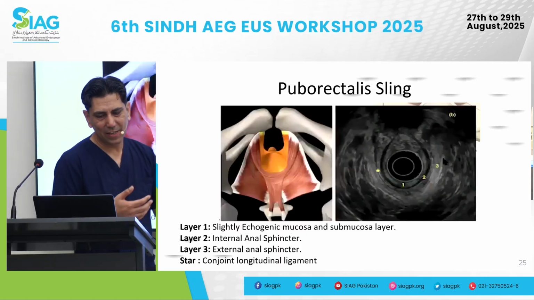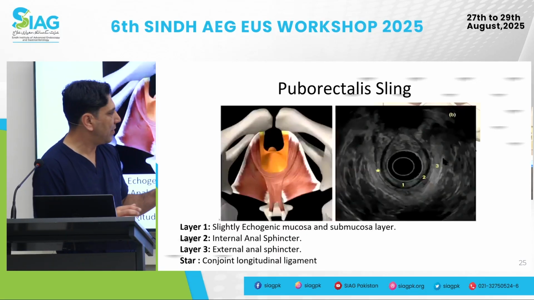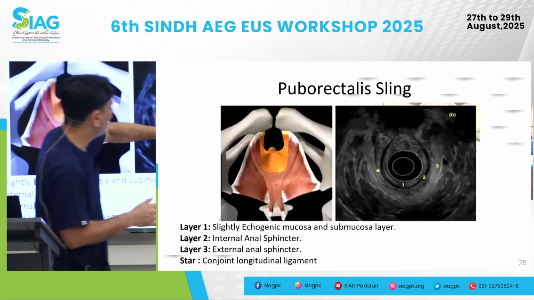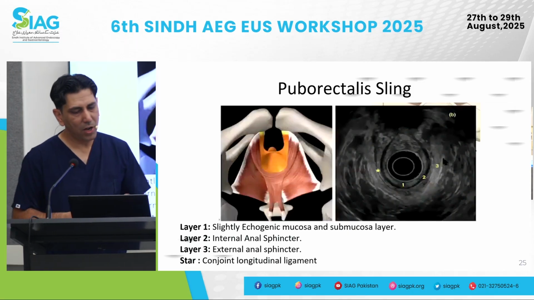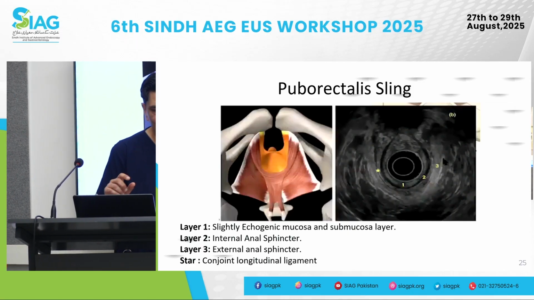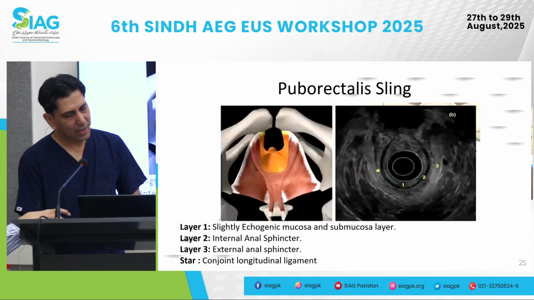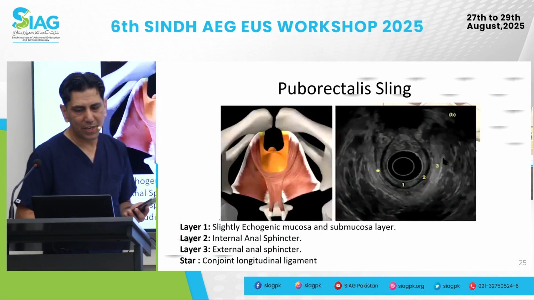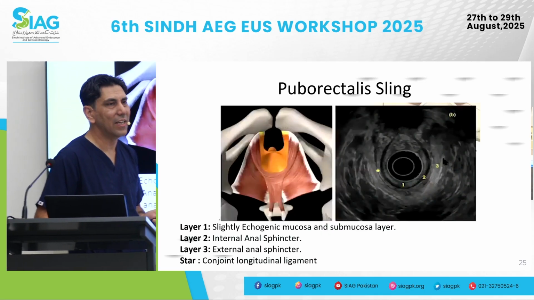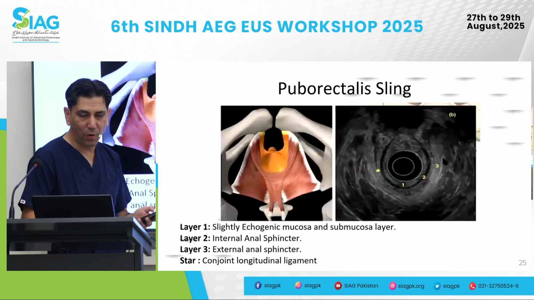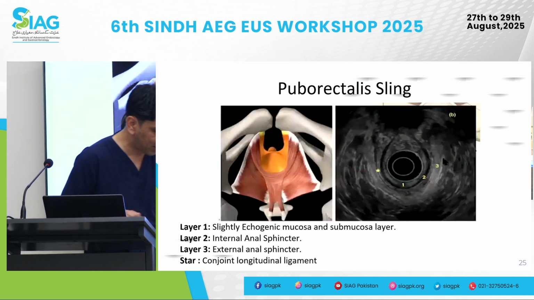So we talked about this, the puborectalis sling, looking at these different layers, 1, 2, and 3. This star was the CLL or conjoint ligament, and then layer 2 and layer 3. So hyperechoic is the external anal sphincter, and the 2 is the internal anal sphincter.